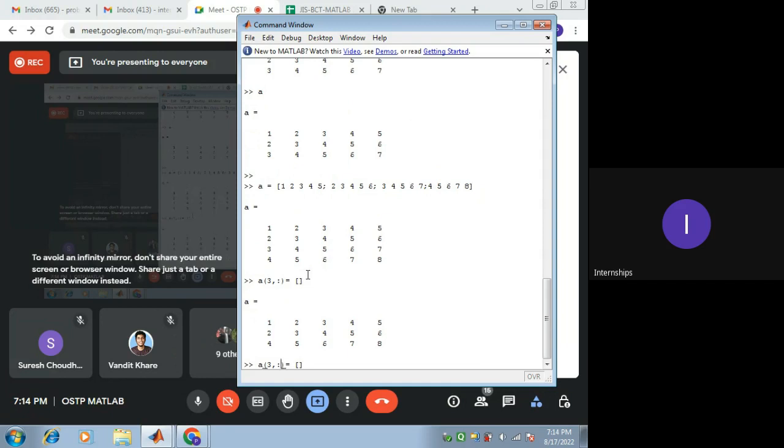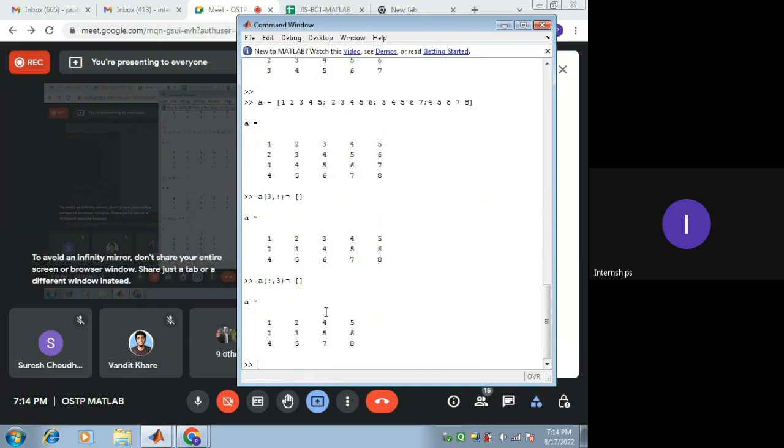Similarly, if I write here this one by 3, then it will eliminate this third column. Here the third column is eliminated. Let us try 2 to 3 and see what happens. These two columns are eliminated. So this is the elimination process, either row or column.